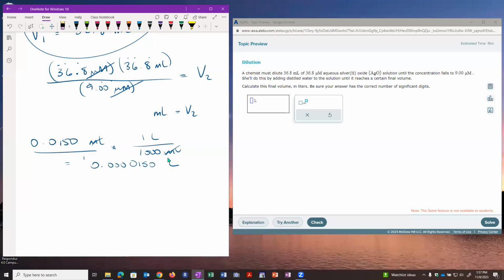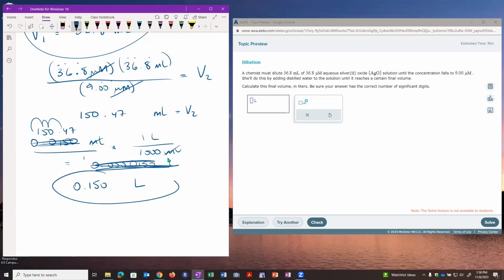The answer here should be 150.47 milliliters. Okay, so 150.47, we divide by 1,000. This is incorrect. Move the decimal point 3 places, so this would be 0.150 liters would be the final volume. And then we have 3 sig figs in our answer. We had 3 sig figs in everything else.